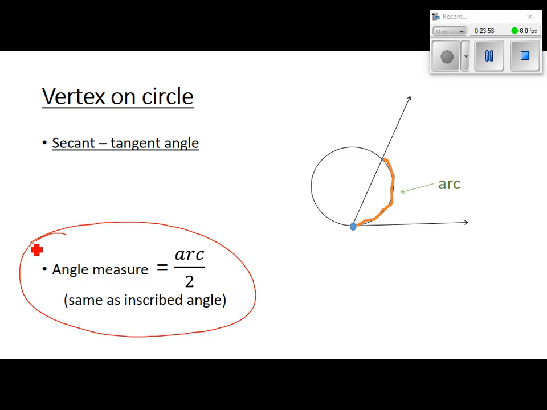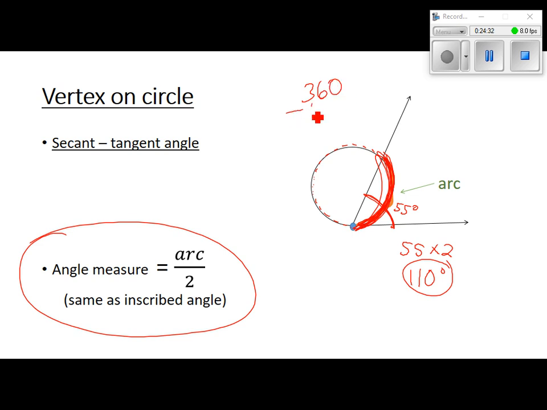If we know this arc is, or let's do the angle this time. If we know this angle is 55 degrees, then to get this arc, all we do is double that. So 55 times 2, and we get 110. So that arc would be 110. And you could find this arc also, because we know a whole circle is 360 degrees.